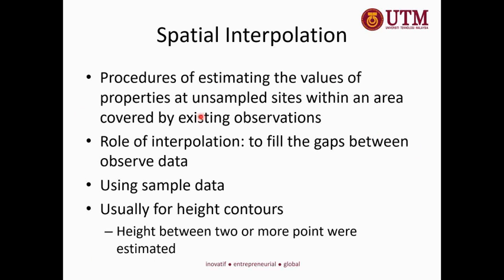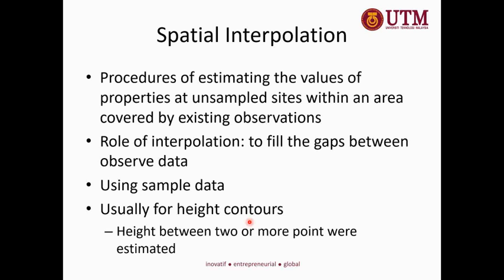So we only have data for certain areas, and then we interpolate data for the other areas that don't have data. So the role of interpolation is to fill the gaps between observed data using sample data. Usually it is used for height contours, but sometimes for other data.